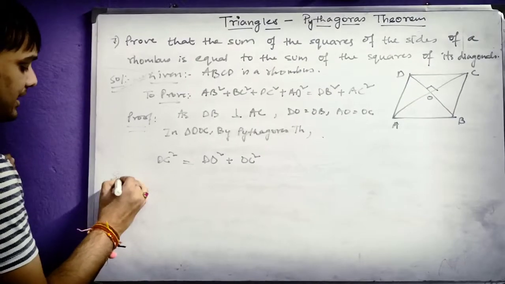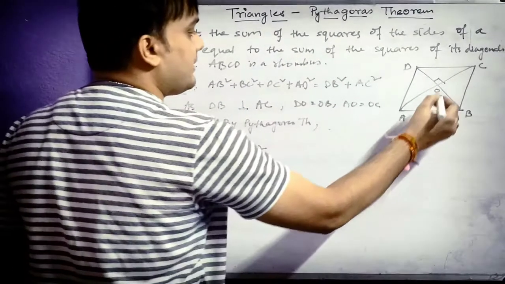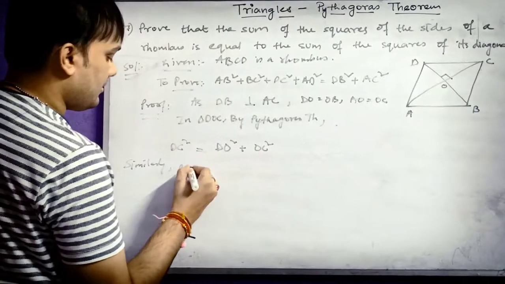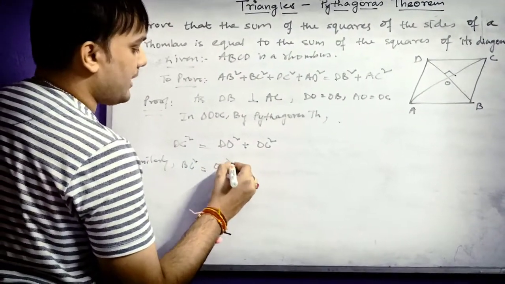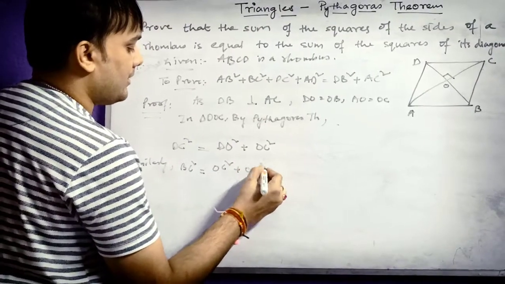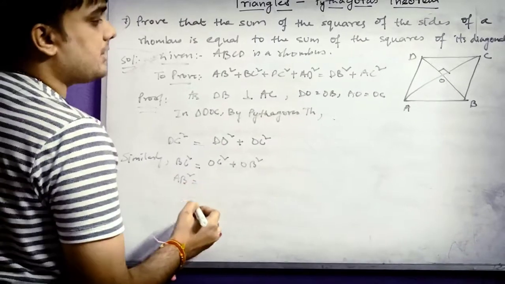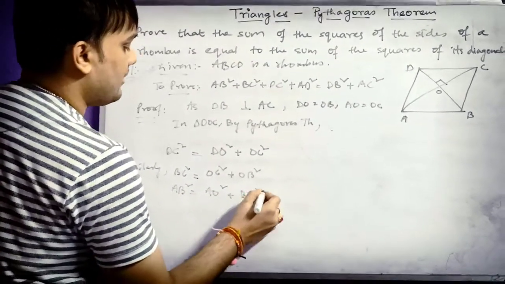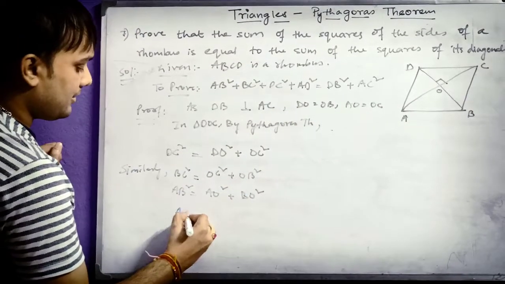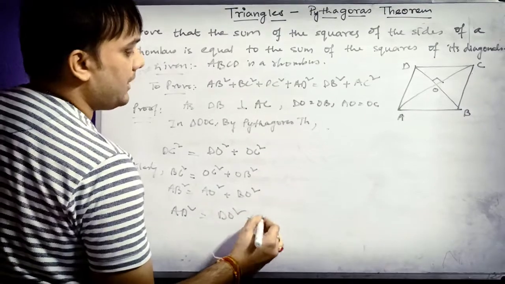Similarly, what can we write? BC square is equal to OC square plus OB square. Then AB square is equal to AO square plus BO square, and then AD square is equal to DO square plus OB square.